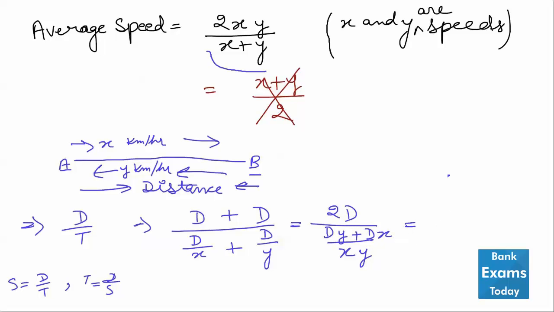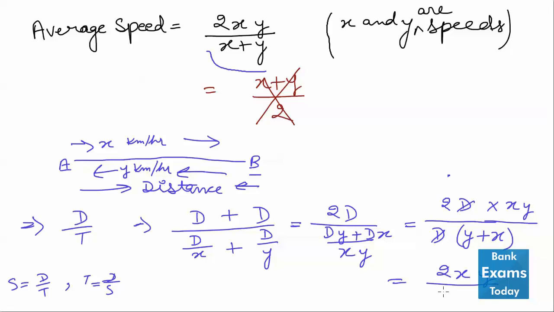So it becomes 2d over d is common here, y plus x, and takes it above xy. So d is cancelled here. So what comes out?